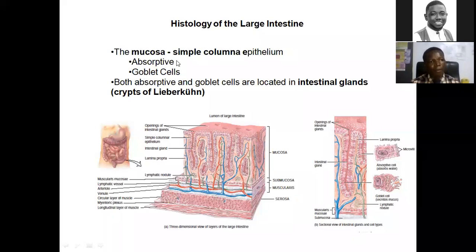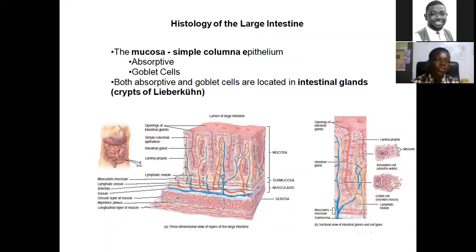Then the mucosa of the large intestines also has another type of cells called the goblet cells. As I spoke to you last week, the goblet cells are responsible for secretion of what we call mucus. And this mucus lubricates the content that goes into the large intestines so that digestion can be made easier.